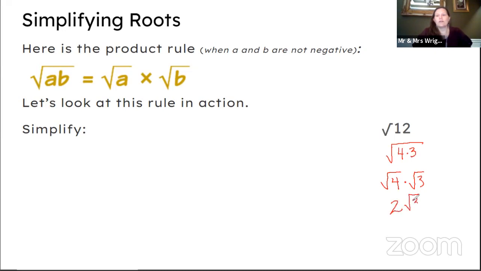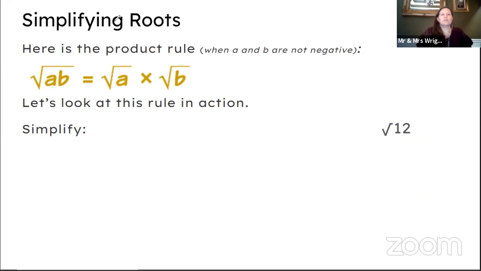And then radical 3 is our irrational number, so it has to stay just like that. So that's how we get from the square root of 12 to 2 square root of 3. This is the square root of 12 in its simplified version. So if you're ever asked to simplify a radical, this is the type of process that you will go through.